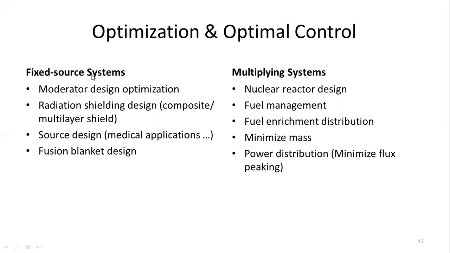Now, in fixed source systems, which means that there's no fissile material or fertile material, you would maybe be challenged by finding a best moderator design, or to design a radiation shield, which could be a composite or it could be multi-layer shield to protect from neutrons, gammas, for example, in a hospital during an X-ray, or in brain cancer therapy such as BNCT.